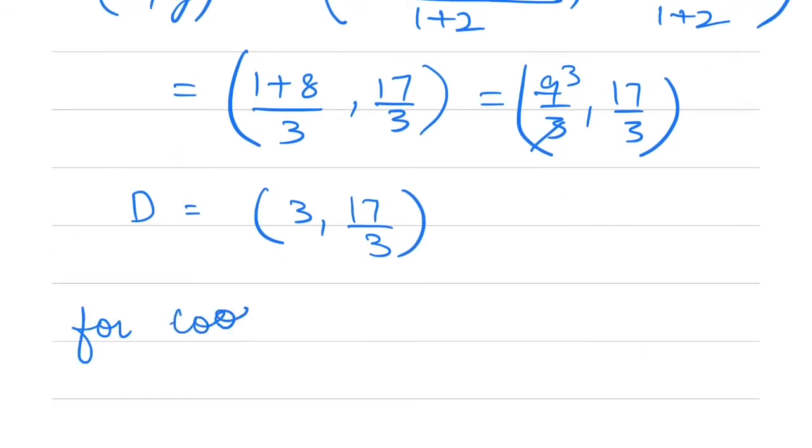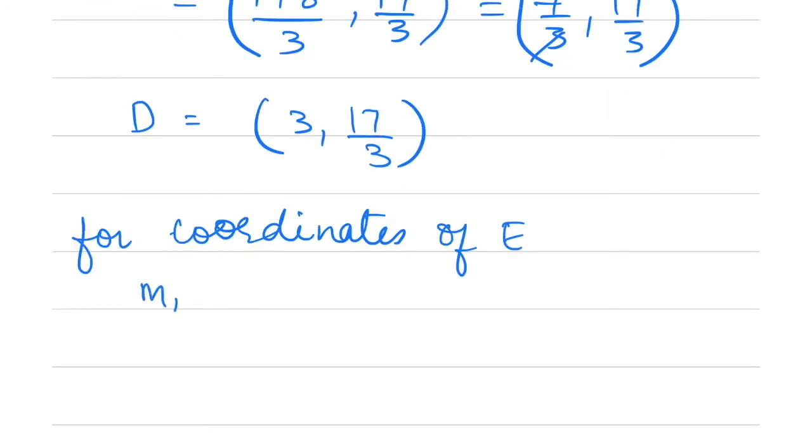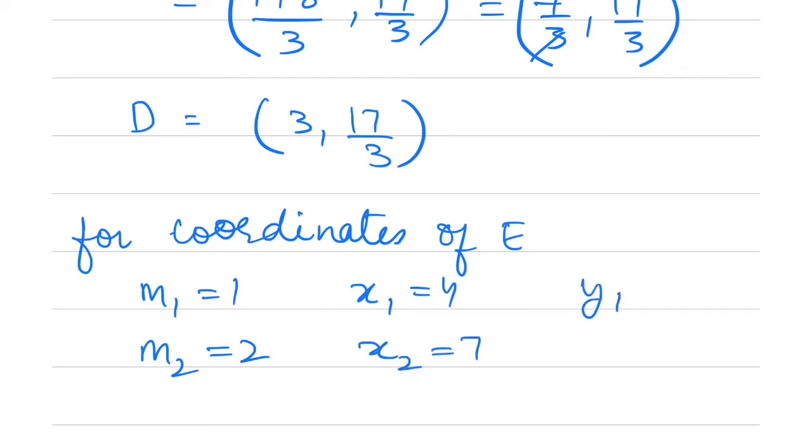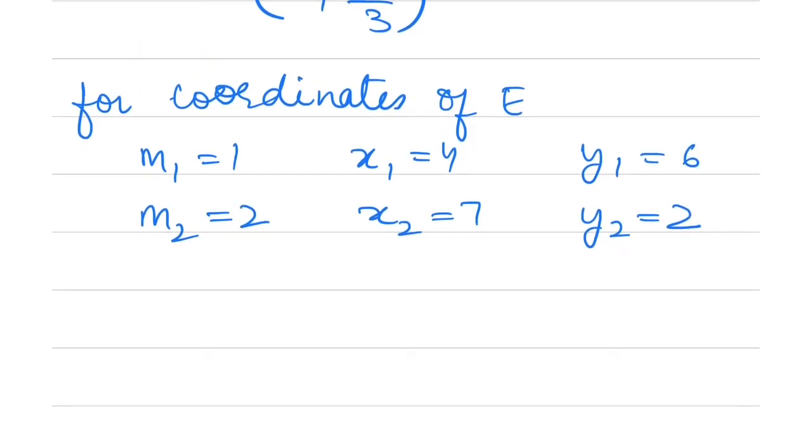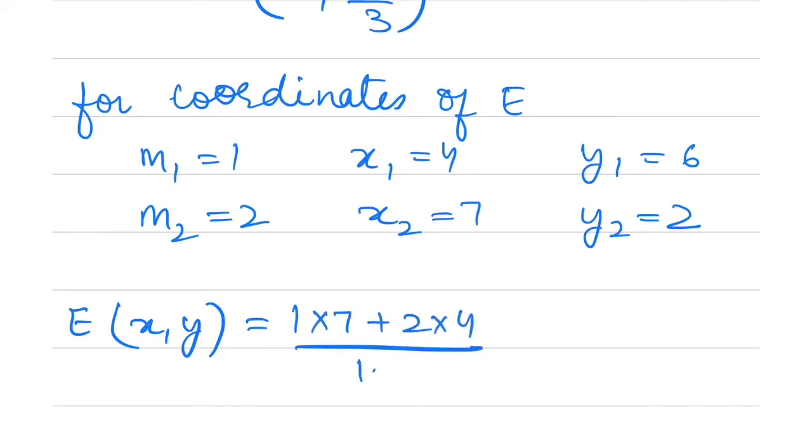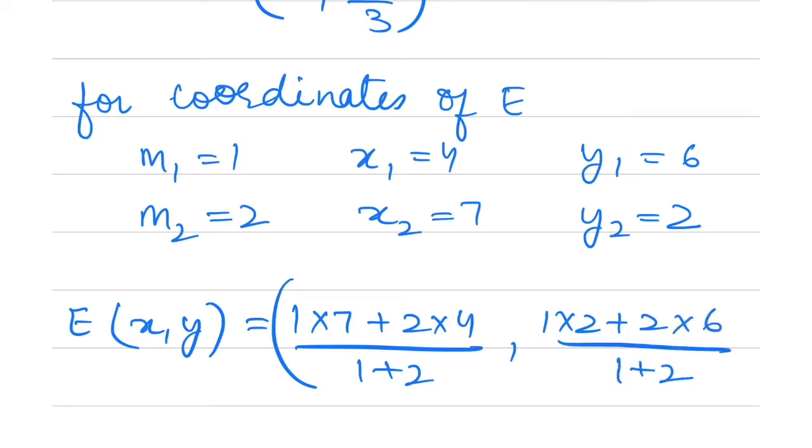Similarly, for the coordinates of E, m1 is equal to 1, m2 is equal to 2, and x1 is equal to 4, x2 is equal to 7, y1 is equal to 6 and y2 is equal to 2. Now let's substitute. x is equal to (1 into 7 plus 2 into 4) divided by (1 plus 2), and for the y coordinate (1 into 2 plus 2 into 6) divided by (1 plus 2).